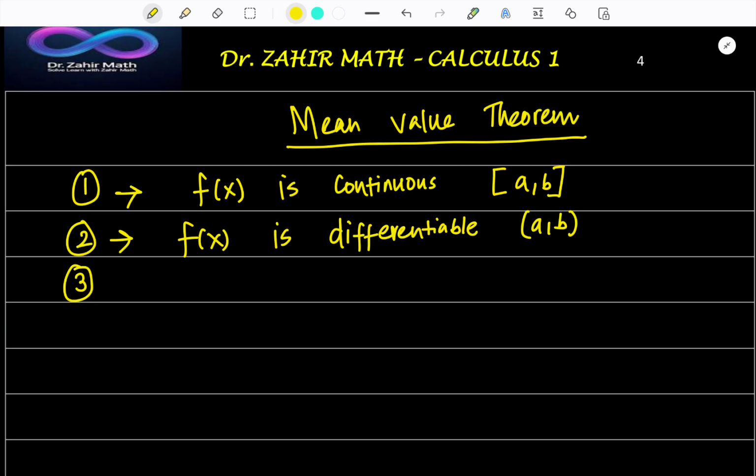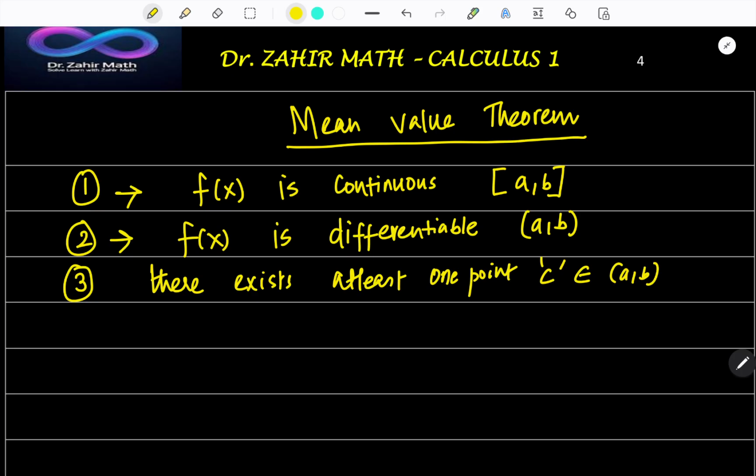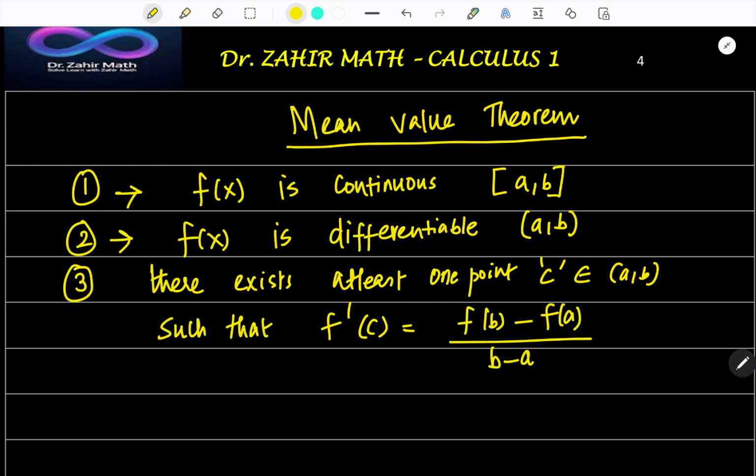If these two conditions are satisfied, then there exists at least one point c in the interval a comma b such that f dash of c is equal to f of b minus f of a divided by b minus a. This is the formula.